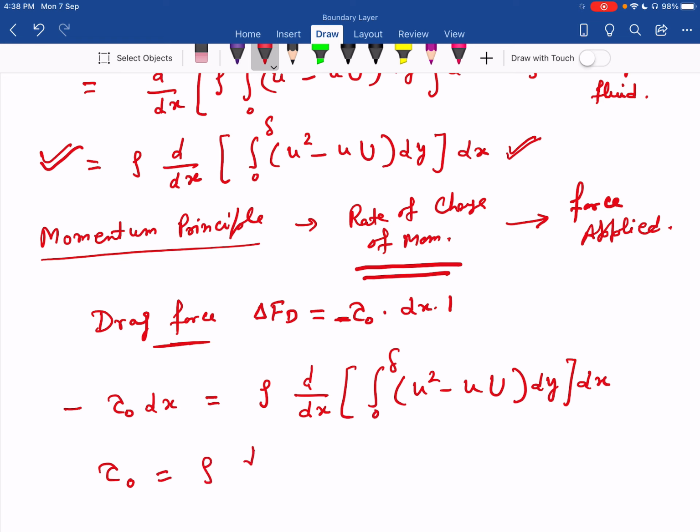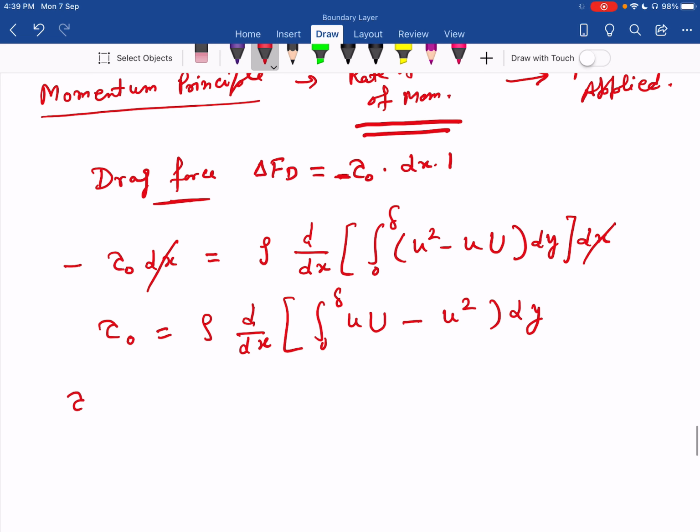So tau O is rho d by dx of 0 to delta. Now reverse these two terms, so I can write small u into capital U minus u square into dy. Dx cancels on both sides. Further, tau O is equal to rho d by dx, integration 0 to delta.